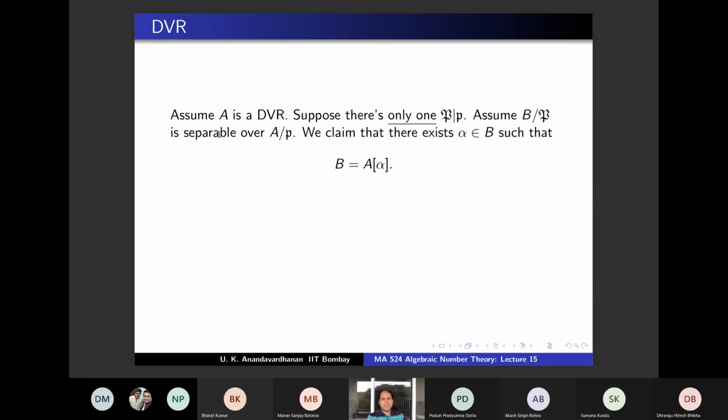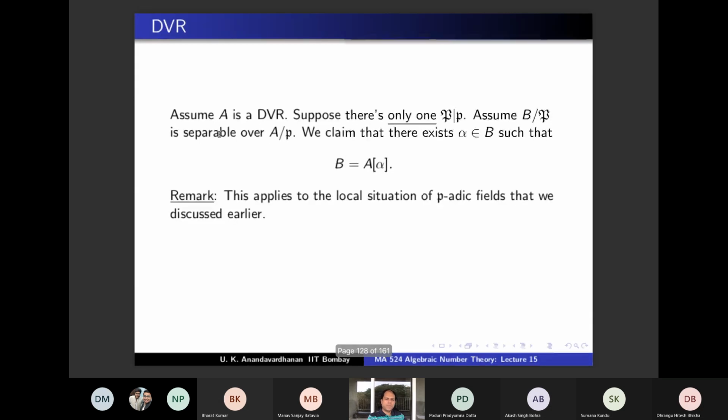There's an alpha which generates B over A as an algebra, as a ring. Okay, so the following is true. The integral closure of A in a separable extension of the quotient field of A is indeed generated by one element if A is a DVR with the assumption that there's only one prime lying above p. Right? A is a DVR, so there's only one prime below, and assume there's only one prime above, and then we are going to show this.